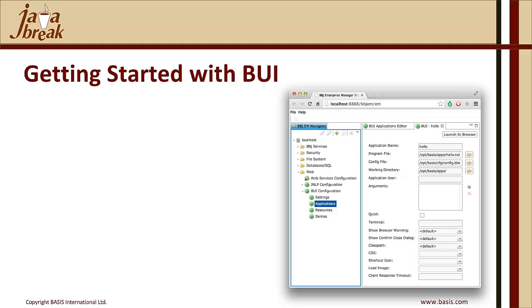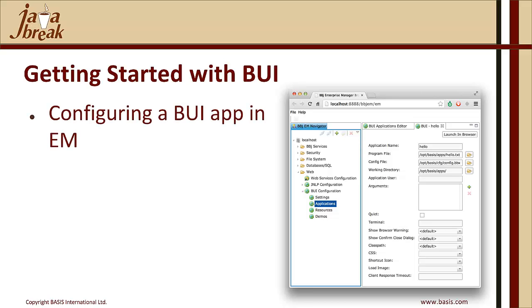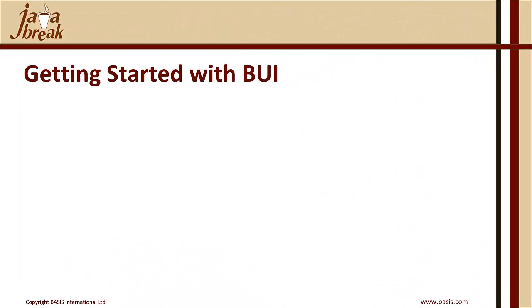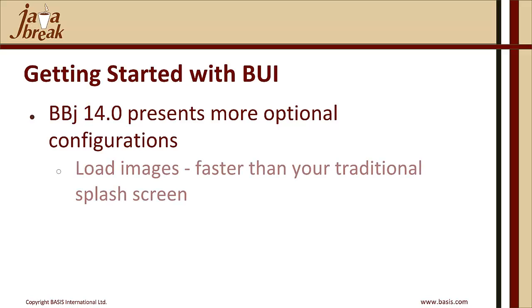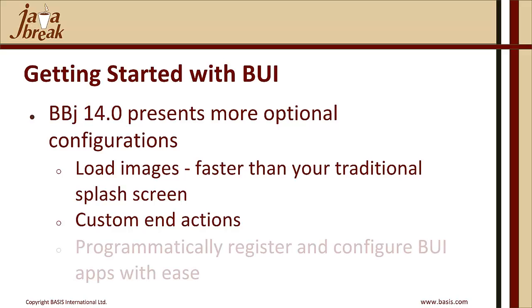The Enterprise Manager interface is perfect for getting started and for casually defining a few BUI apps from time to time. However, BUI also has an extensive API for publishing and managing apps. As of BBJ 14.0, BUI programs come with even more optional configuration properties, including load images, a super fast replacement for your traditional splash screen, and custom end actions that define what the browser does when the BUI app releases.